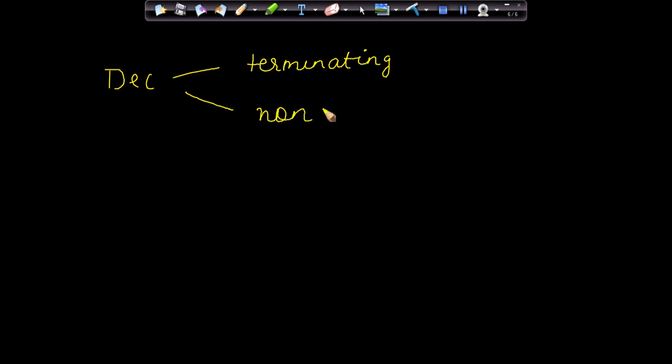First one is one with 0 remainder, which is also called terminating decimal expansion, or the second one where we'll get some remainder which will repeat itself, that is called non-terminating recurring decimal expansion.